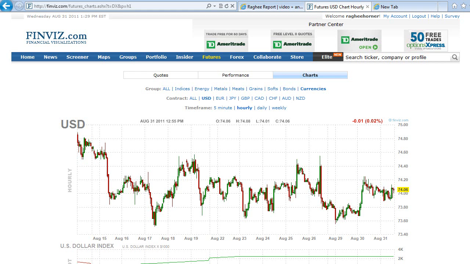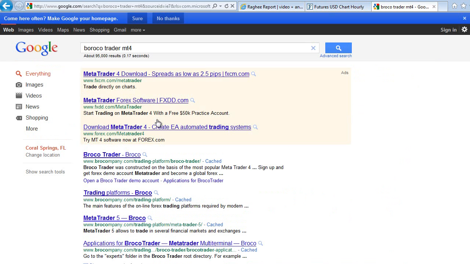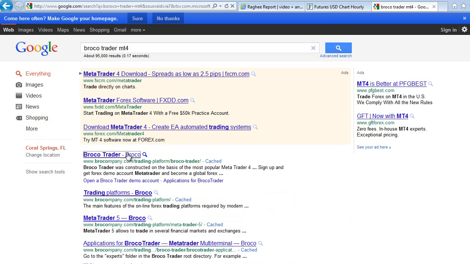I just was made aware of the fact that they do have this information on their version of MT4, and that's a site called, I believe it's Broco, or BROCO. And you can see here they have the MT4 version. You can look up Broco Trader MT4, and again, I don't have an account with these people.